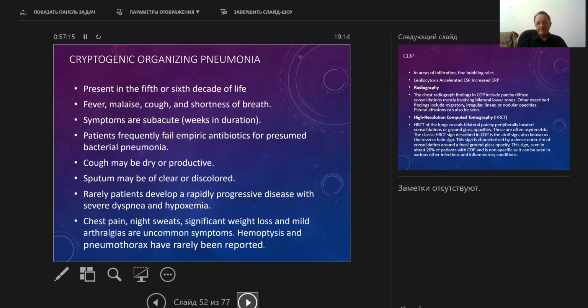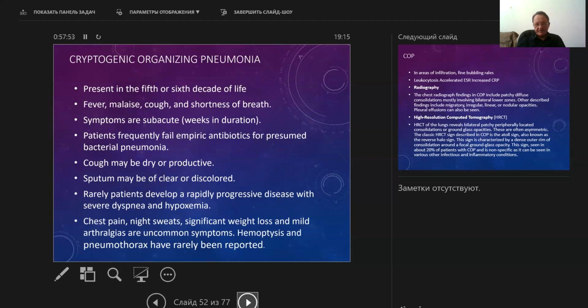Patients frequently fail empiric antibiotic therapy for presumed bacterial pneumonia, because if a patient has a fever and changes on the X-ray, the first diagnosis is pneumonia. Sometimes the patient obtains several courses of empiric antibiotics without any effect.